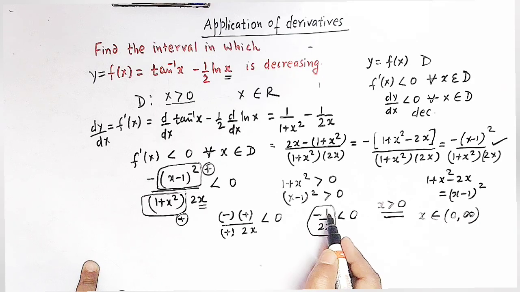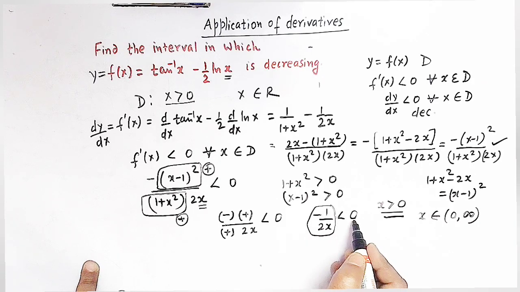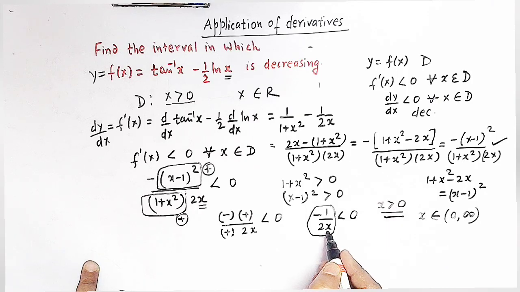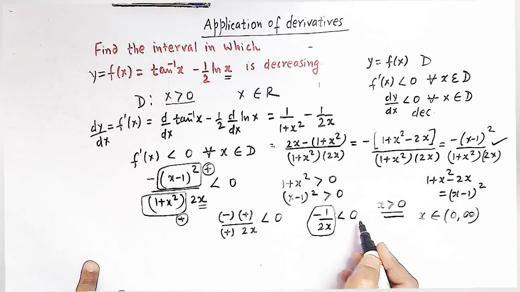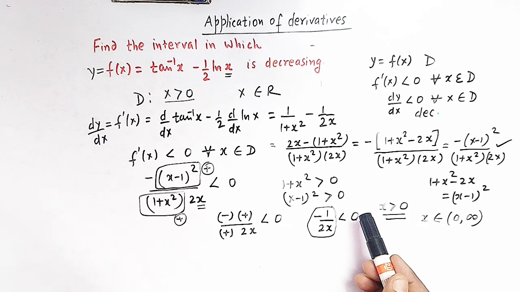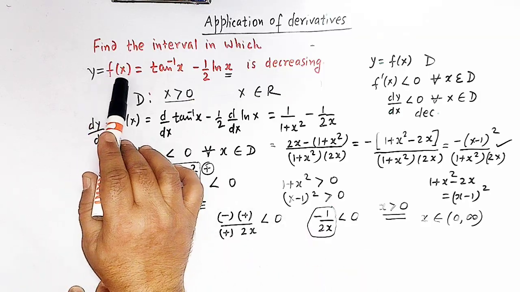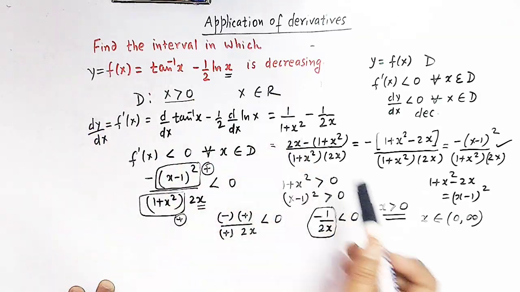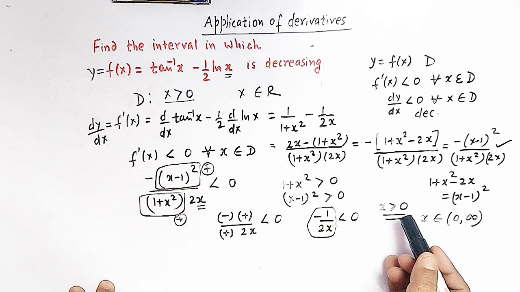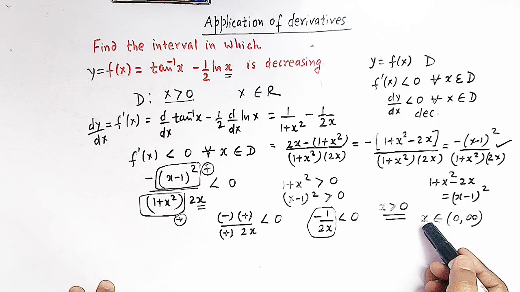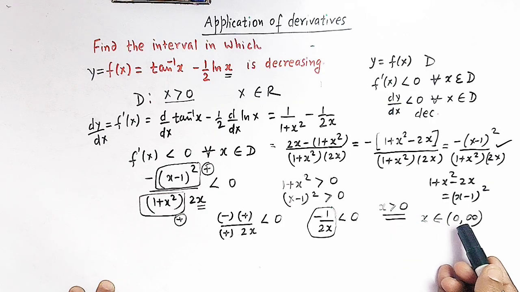So here minus 1 over 2x is less than 0 when x is greater than 0, that is x is positive, so that this entire term is negative and it remains less than 0. So therefore this function f of x is decreasing for all x greater than 0, or x belonging to the interval 0 to infinity.